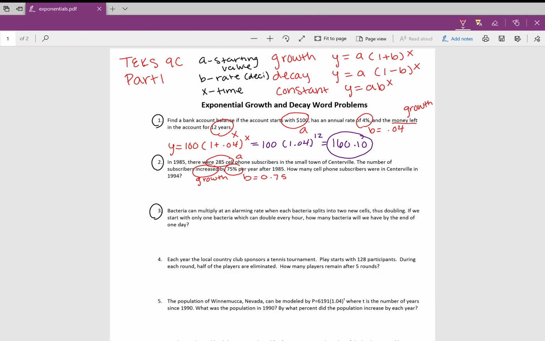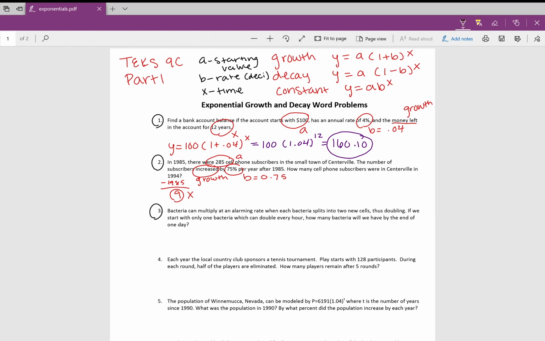Since we started in 1985, I have to subtract 1985 from 1994 to find my x value. So 1994 minus 1985 is 9 years. So this is our x. First I'm going to write the equation.